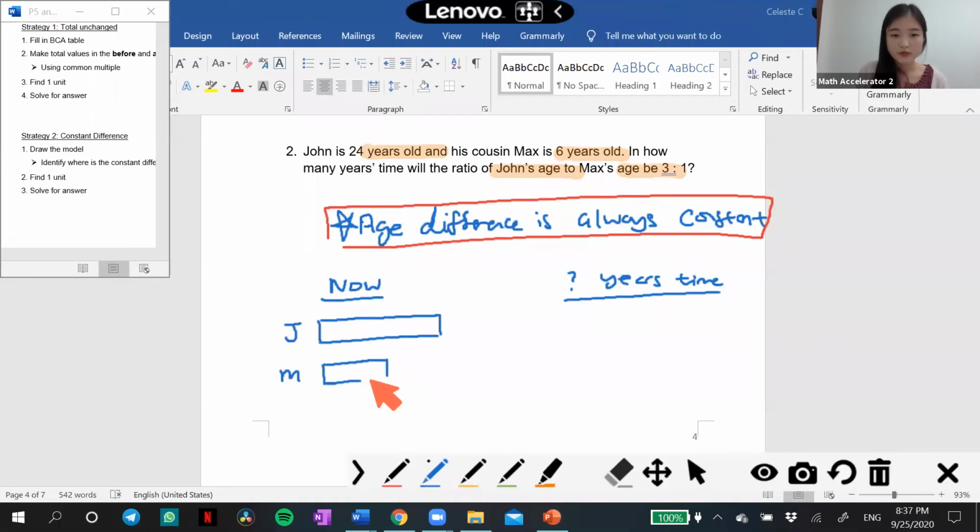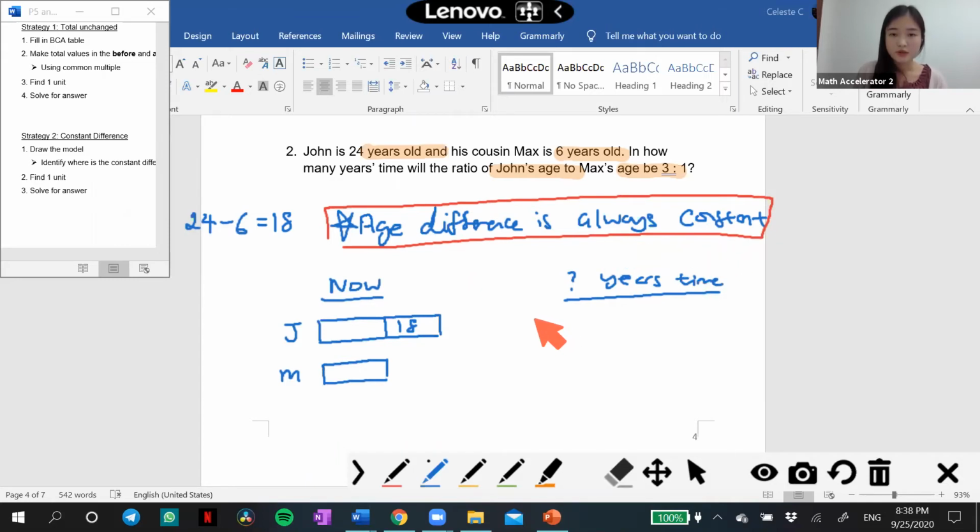What is the age difference? John is 24, Max is 6. Right, so find the difference. He is, yes, 18. 18 years older than Max. So take note, this 18 years of difference is always constant.